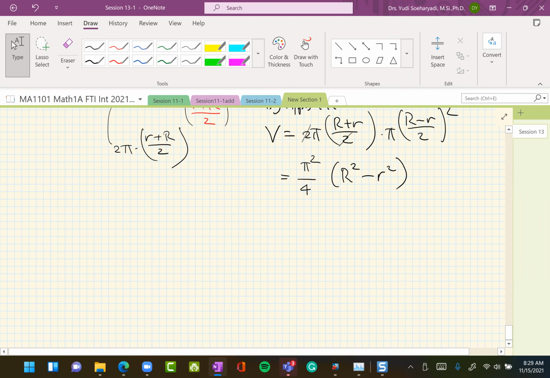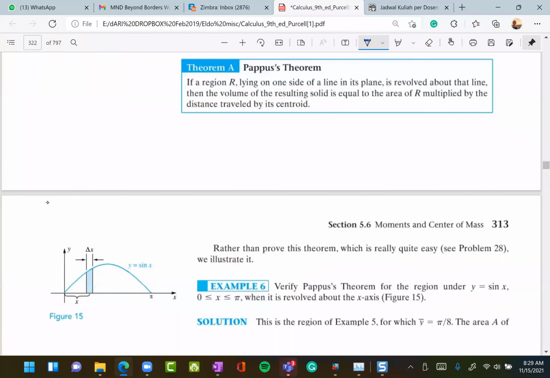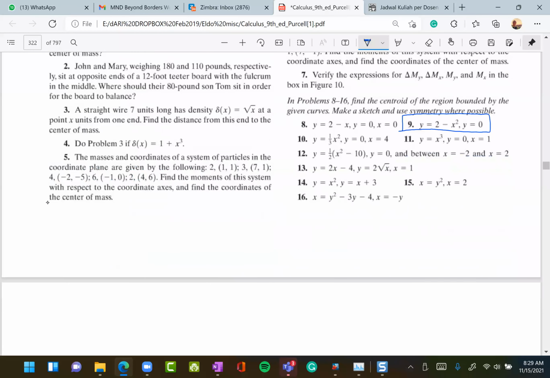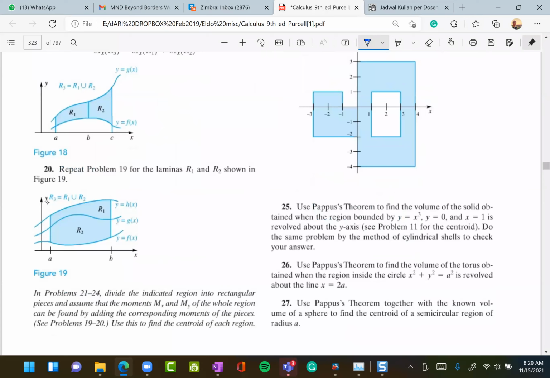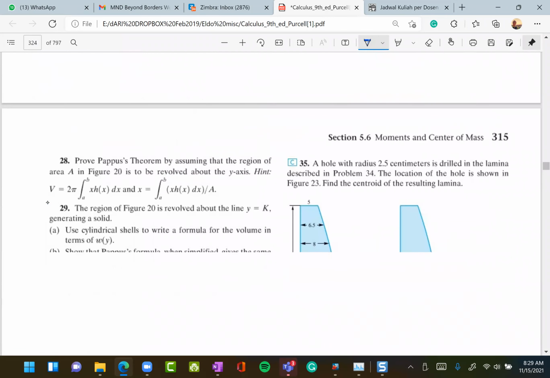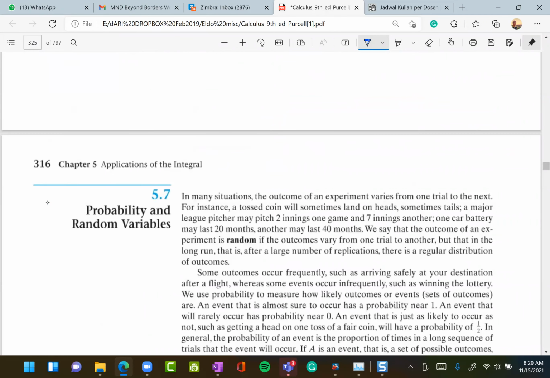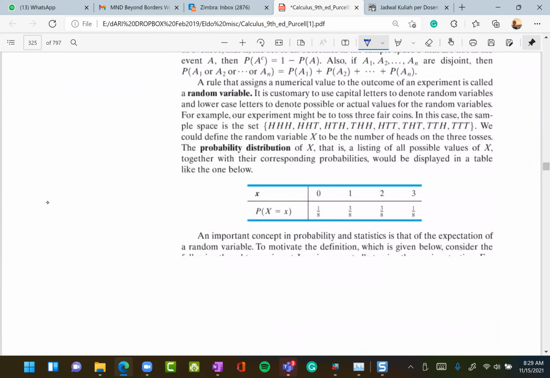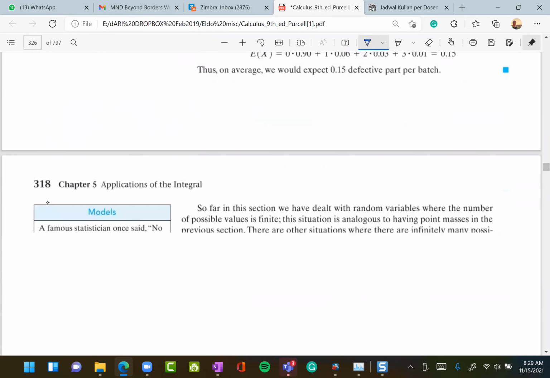All right, let's continue with the next one. Another application in physics: it's work and force. We skip this one. Continue with the force.